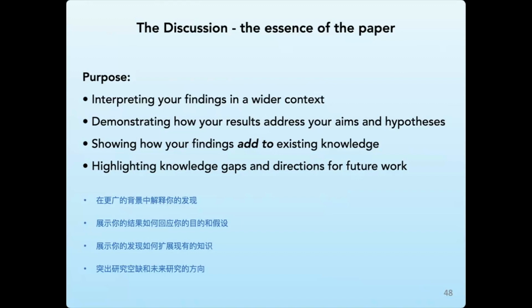Showing how your findings add to existing knowledge, so how do they go beyond previous work? And of course, you may want to highlight knowledge gaps, directions for future work, and obviously demonstrate how your study advances research in this field.